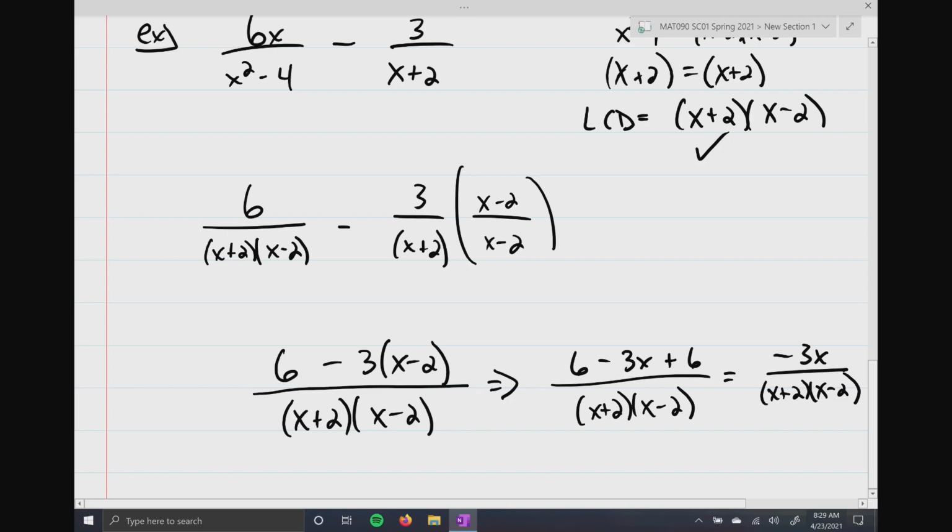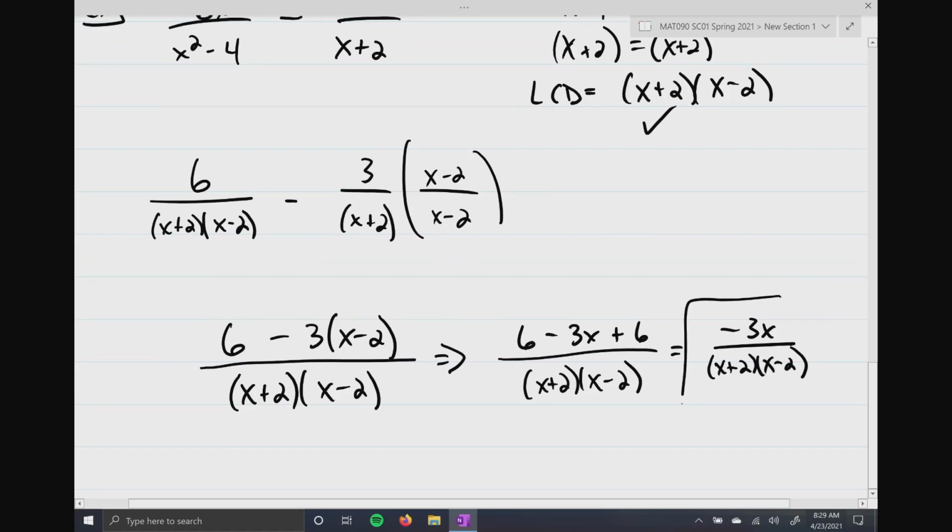And I asked myself, can I simplify anything? Since the negative 3x is just one term upstairs, I can't factor anything. So I know I'm completely reduced. All right, now, before I start talking, do we have any questions?